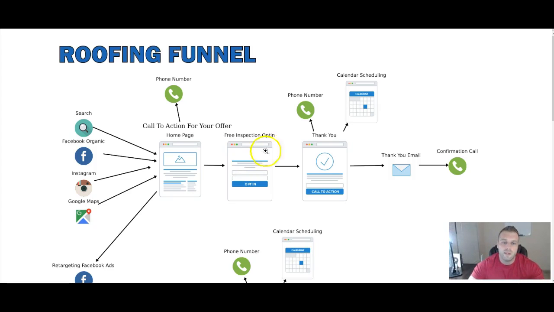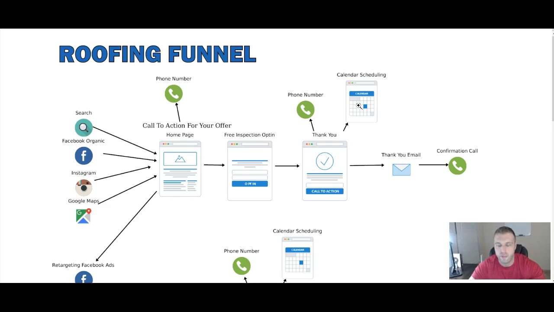But on this opt-in, you want to make sure you have your phone number on there as well. Make it easy for them to reach out to you. And then after that, you want to lead people to a thank you page. What that thank you page is going to have is your phone number again and a calendar to schedule. I really recommend this if your company doesn't have one now.